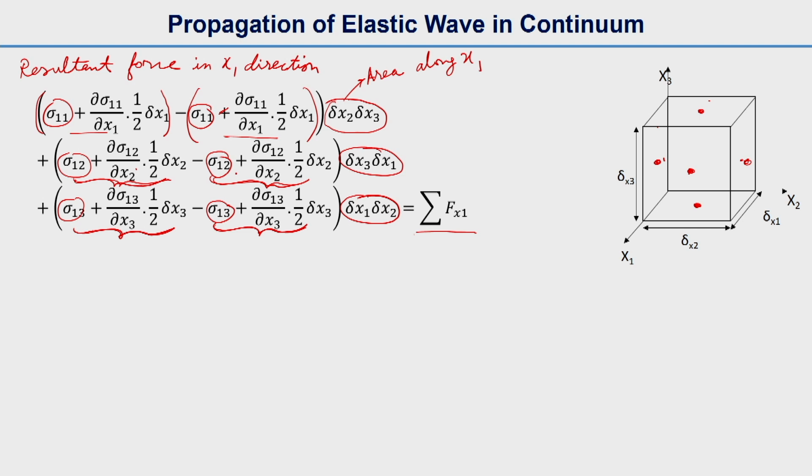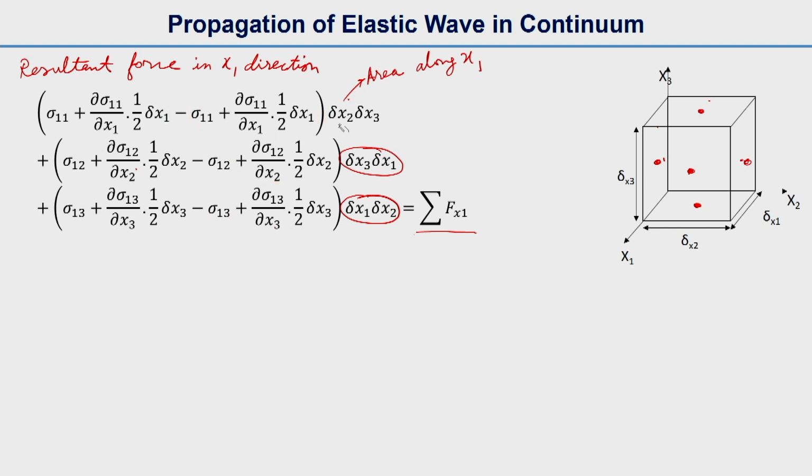Now how will we simplify? We know that sigma 11 and sigma 11 will cancel out, sigma 12 and sigma 12 will cancel out, sigma 13 and sigma 13 will cancel out.